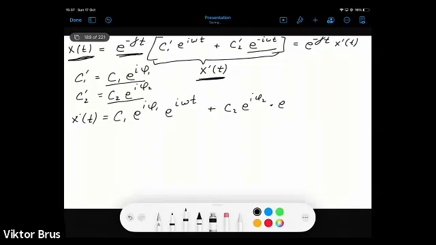So it will be e to the power minus i omega t.